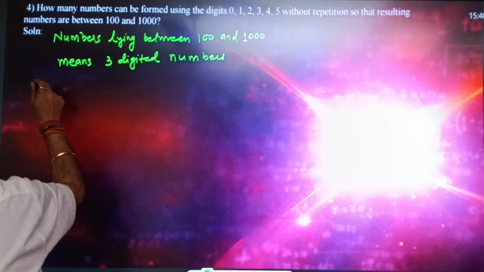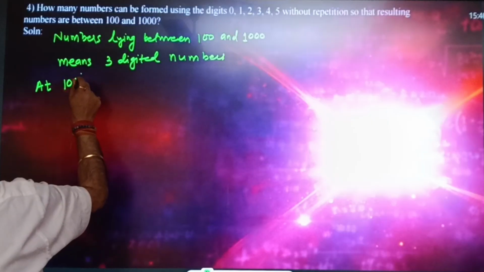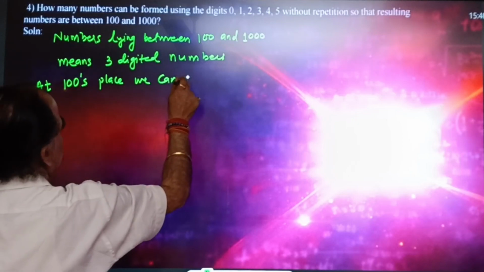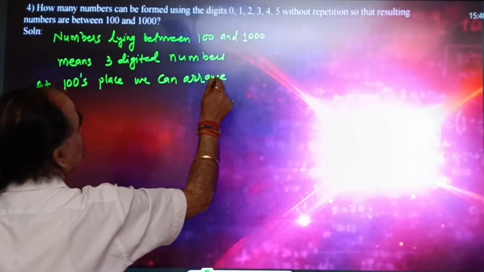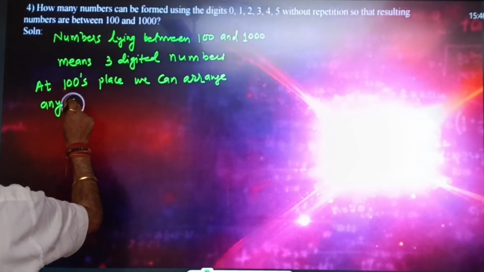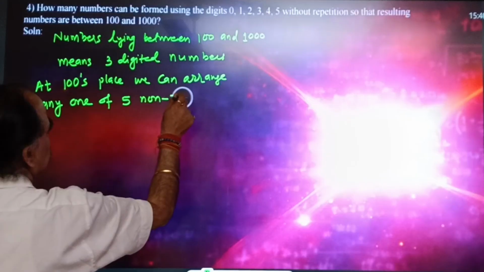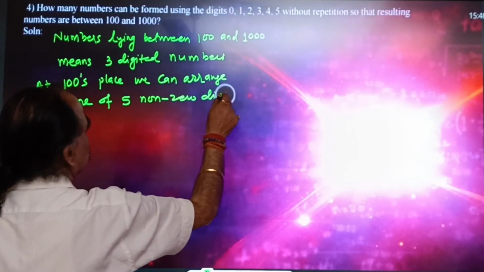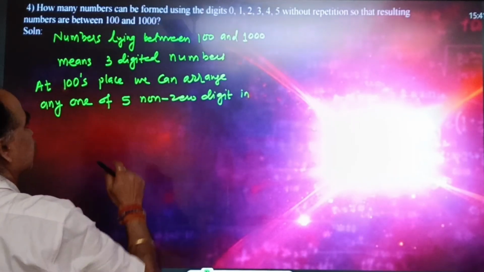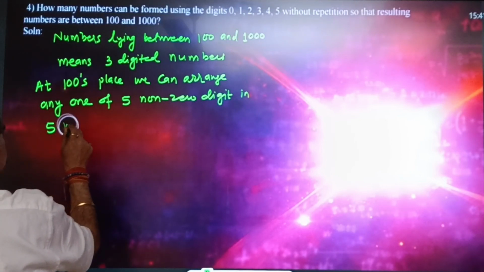At the hundreds place, we can arrange any one of the 5 non-zero digits in 5 ways.